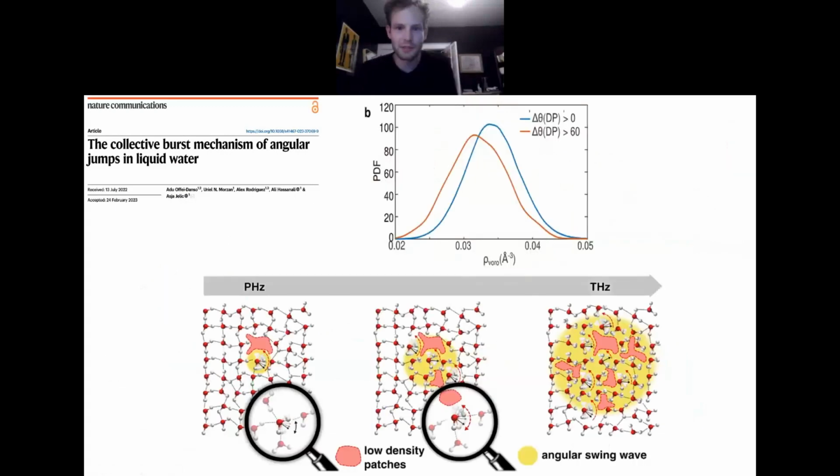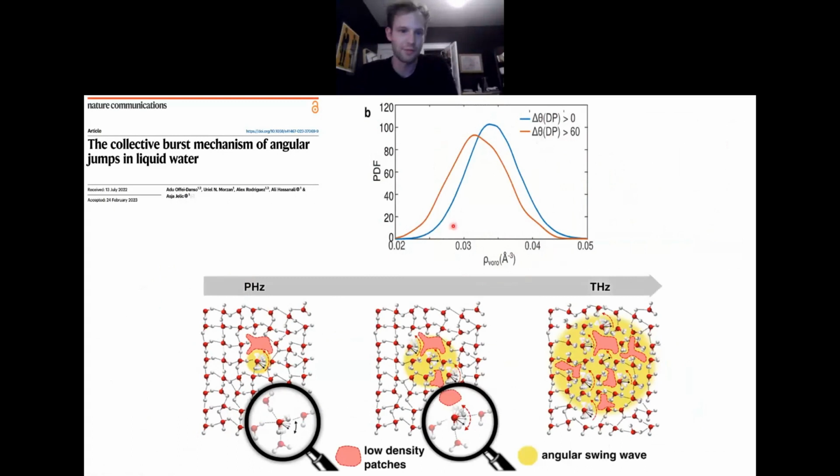They expand upon this by looking at the density of water around these jumps. So in the small jumps, which are around 0 to 60 degrees, the density of water is what's expected, but around the areas where these large jumps around 60 degrees are occurring, there's lower density.